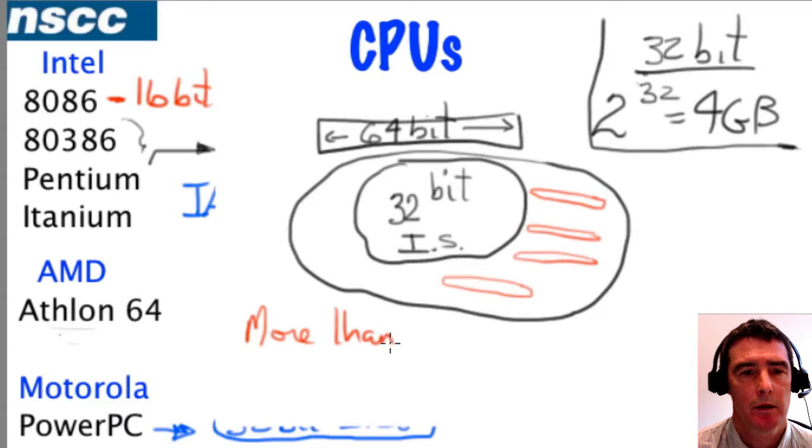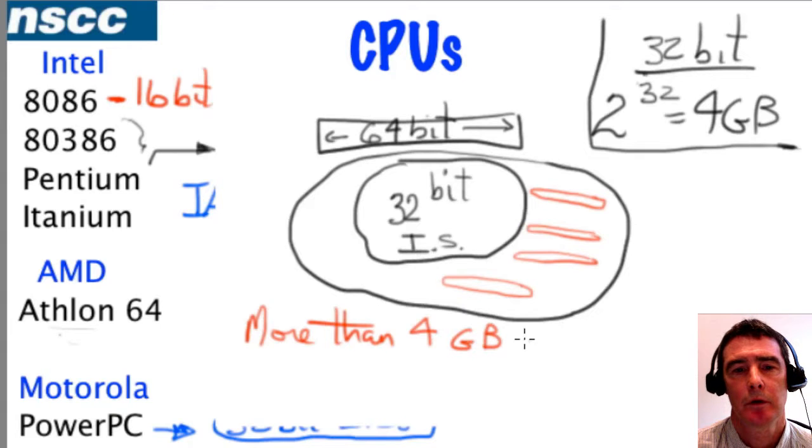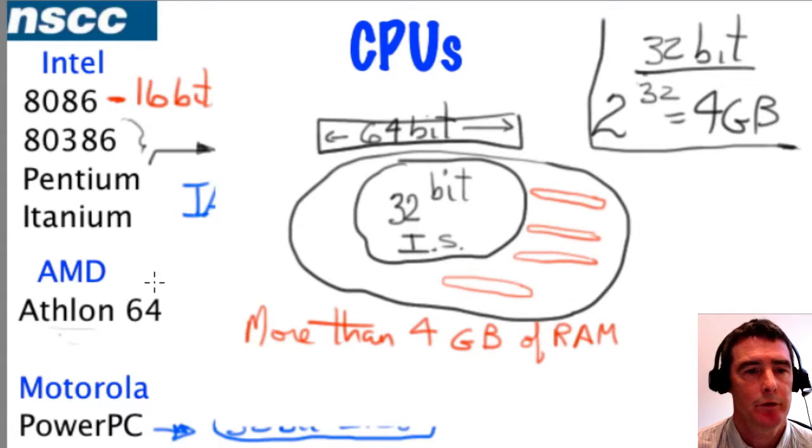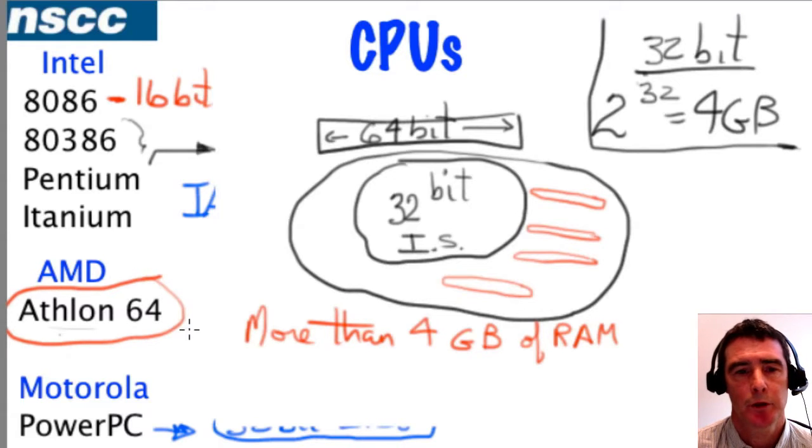So these are extra instructions which you can use to access more than 4 gigabytes of RAM. And so one of the first CPUs that they had this in was called the Athlon 64. And people adopted this because they could use a lot of their own software, but they could easily access memory beyond 4 gigabytes.